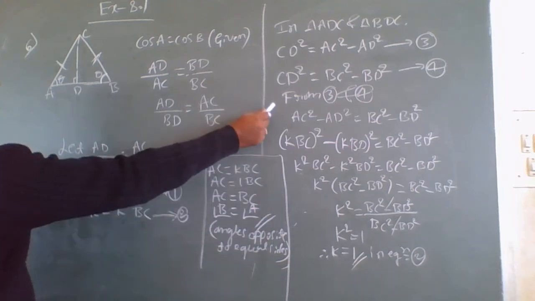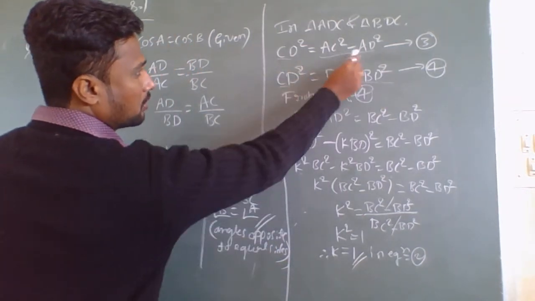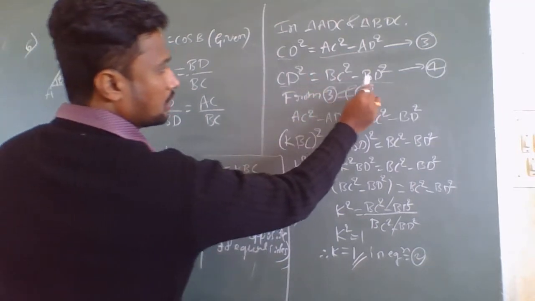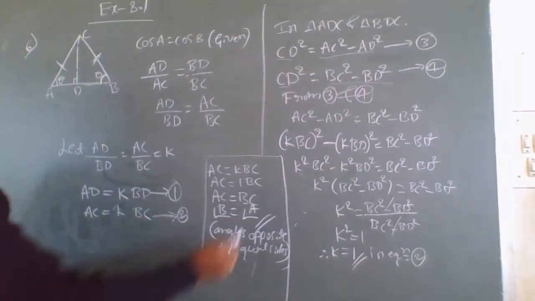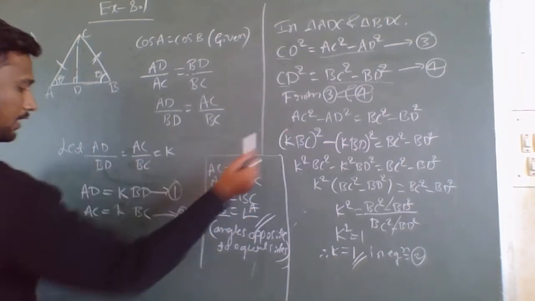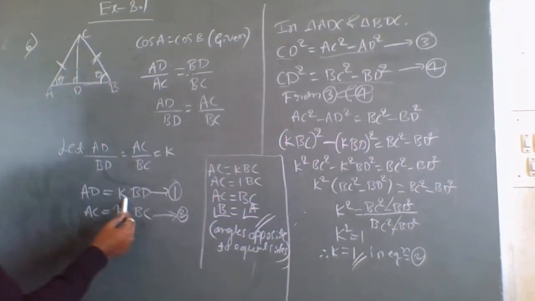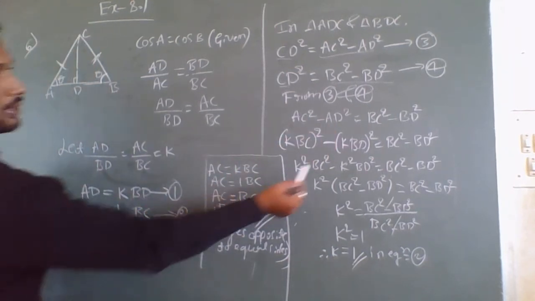From 3 and 4 what we got to know, these two are equal to CD square only, therefore AC square minus AD square equals to BC square minus BD square. So here from 1 and 2 we will consider AC square as K into BC whole square and AD square equals to K into BD whole square.